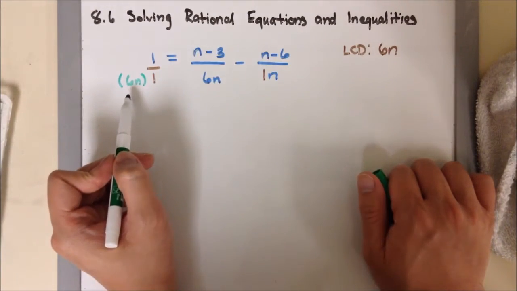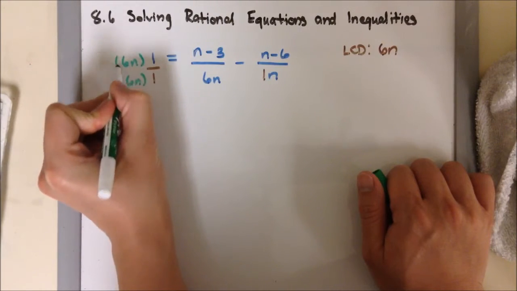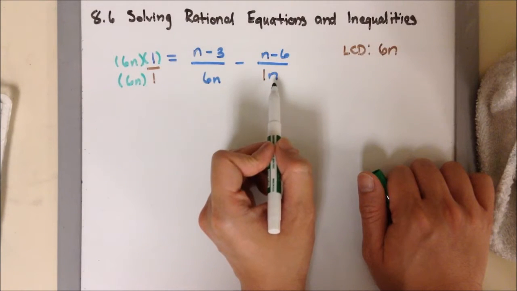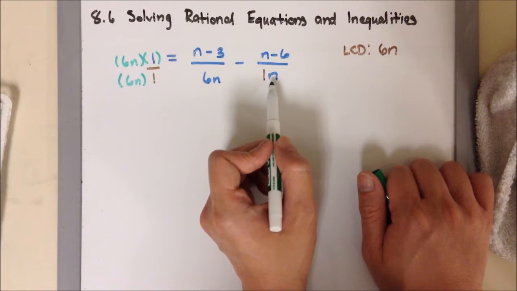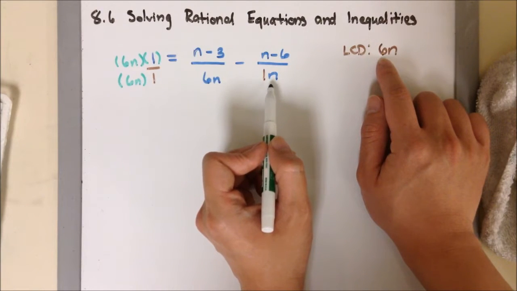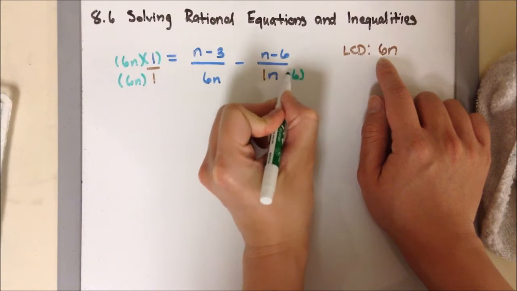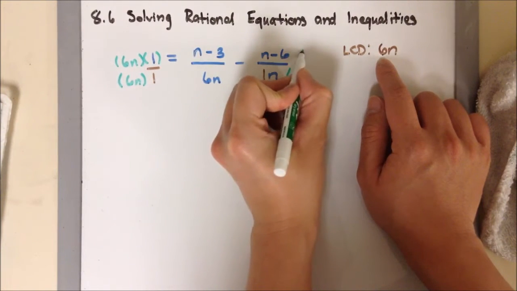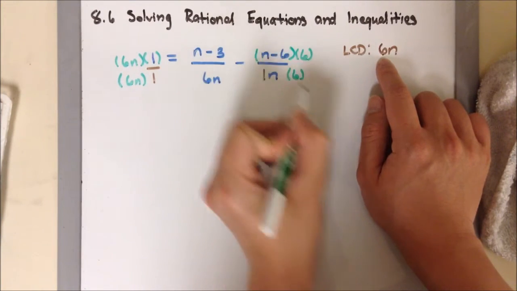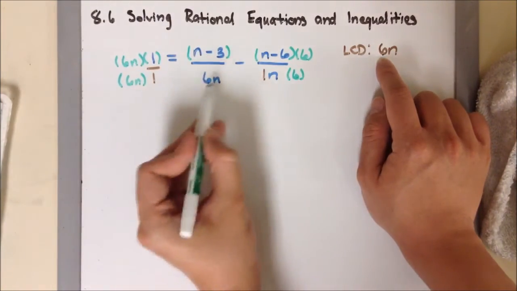Since I'm multiplying the denominator, I have to do it to the numerator. I'm going to put this in parentheses. For the fraction on the right, it's n, and I'm trying to get to 6n, so I'm going to multiply by 6 in the denominator. Therefore, I'm going to multiply by 6 in the numerator. In addition, I'll add parentheses around the numerator in the middle fraction.